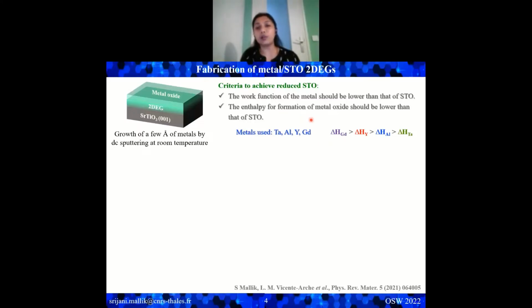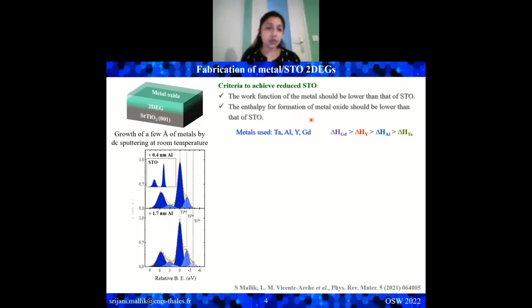When we grew the samples, we immediately studied them by X-ray photoelectron spectroscopy. Here I am showing the data. In the inset, this is just the STO substrate, where we can see only one peak for the titanium 4+ state. This means the substrate is completely oxidized and no oxygen vacancies are present at this moment.